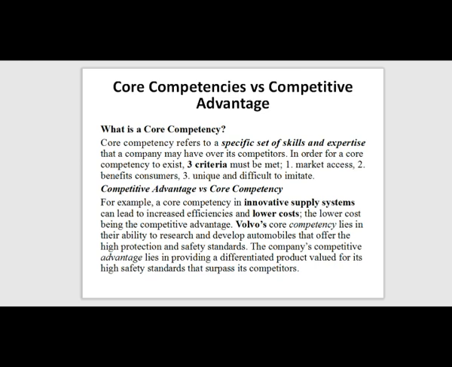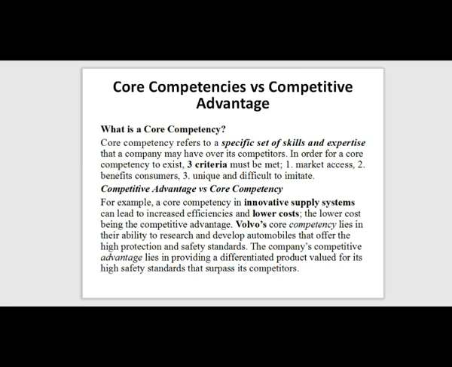Competitive advantage versus core competency. Even though these terms may sound quite similar to one another, competitive advantage and core competency are quite distinct. A core competency is a specific skill set or expertise that can lead to a competitive advantage. For example, a core competency in an innovative supply system can lead to increased efficiency and lower cost, the lower cost being the competitive advantage.